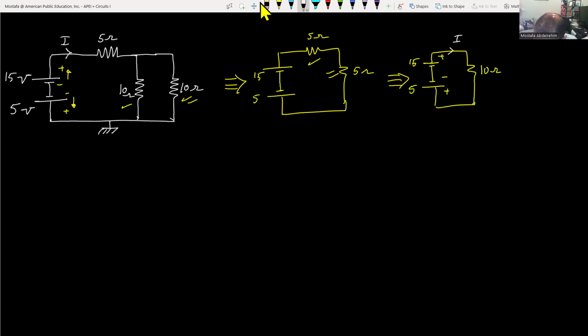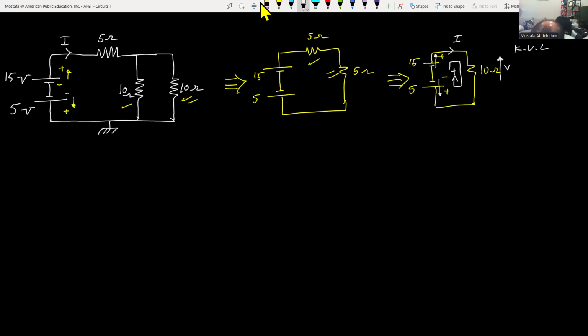So from KVL, let's assume this is the voltage of the resistance, V. This will be the voltage of the 15, and this will be the voltage of the 5. I'm going to assume this is a positive direction, so anything that matches this direction will be positive, and anything against it will be negative.